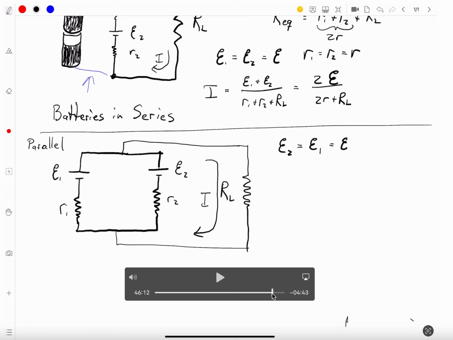Anyway, he looks at batteries in parallel and in series, and he talks about how and why when you put two batteries in parallel, you want them to be equivalent. So their EMF has to be equivalent, and their internal resistances have to be equivalent. Okay, there are reasons for that.